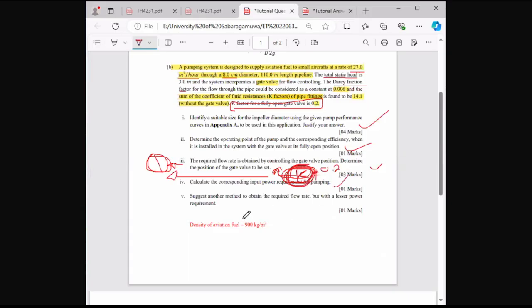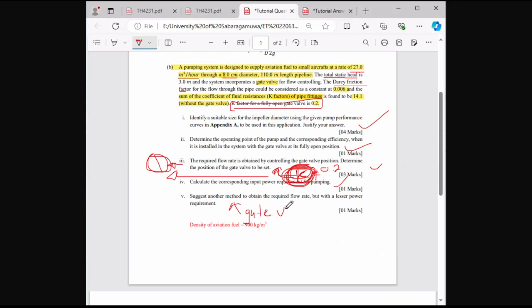Then suggest another method to obtain the required flow rate but with a lesser power requirement. What are the other suggestions? In this case, the controlling is done by using a gate valve.